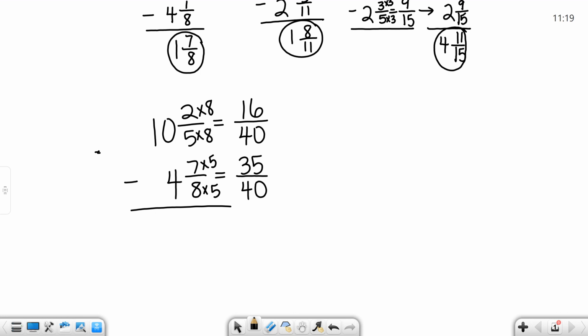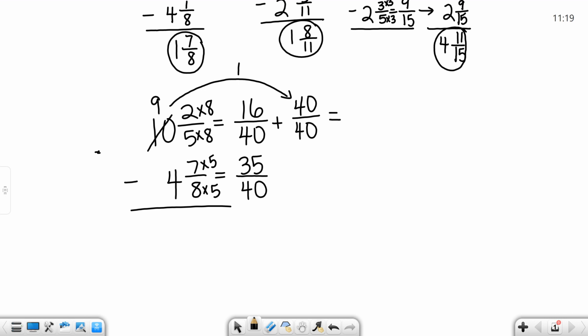So we're going to borrow 1 or take 1 away from the 10 and make it a 9. Now that 1 whole that we took from the 10, we're going to rewrite it as, in this problem, 40 over 40. Now I picked 40 because that's the denominator we have, and a common denominator is important and necessary when we're adding fractions. All right, so now what do we have on top?